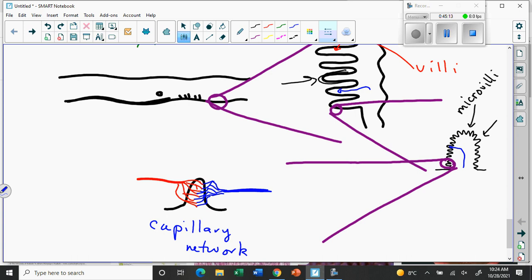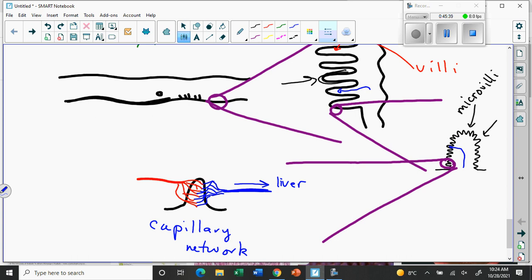And so once this blood passes by the villi right here and it heads back, it doesn't go straight back to the heart. And it doesn't go all over the body because we have to make sure we get these things out of it. So usually it pools into larger and larger blood vessels, and then it's passed back through the liver. This time it's blood that's moving right through the liver.